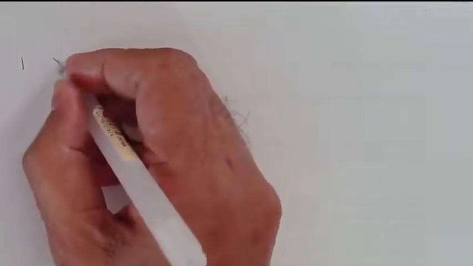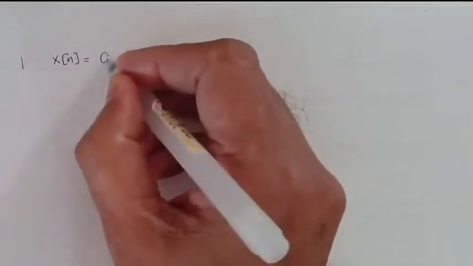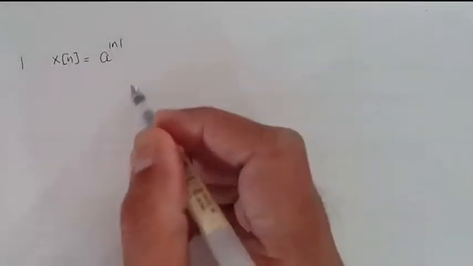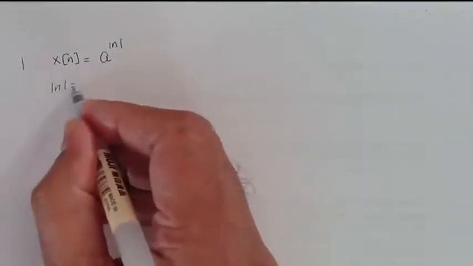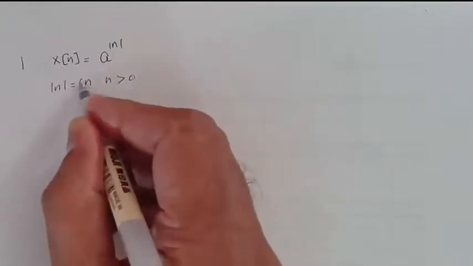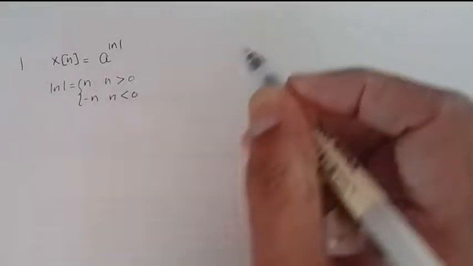So the two-sided function that we'll use is going to be like our other templates. So here is a to the absolute value of n, and remember, absolute value of n is equal to positive n for n greater than 0 and minus n for n less than 0, right?